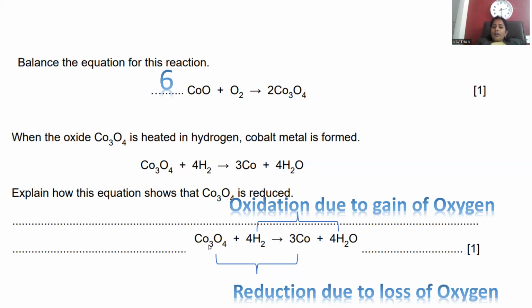We can explain it with a third definition as well. If you see Co3O4, four oxygens contribute a -2 charge each, so -8 charge will be there. This -8 charge is balanced by the 3 cobalt atoms: 3 plus 3 plus 2 gives 8.